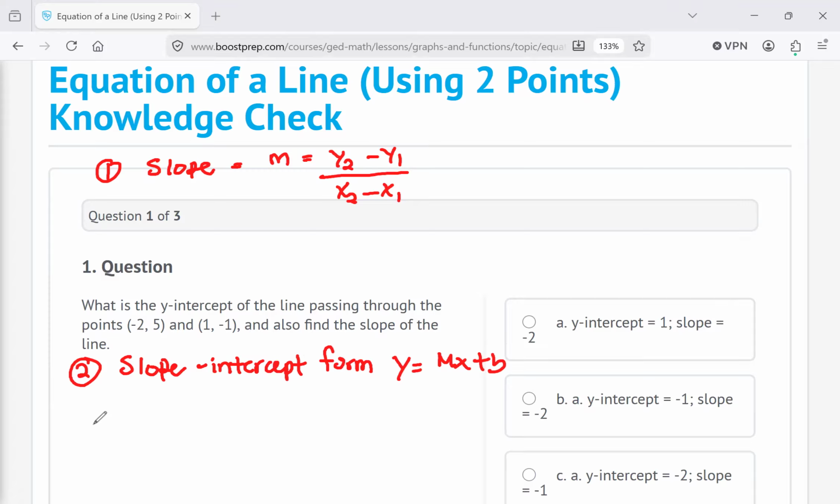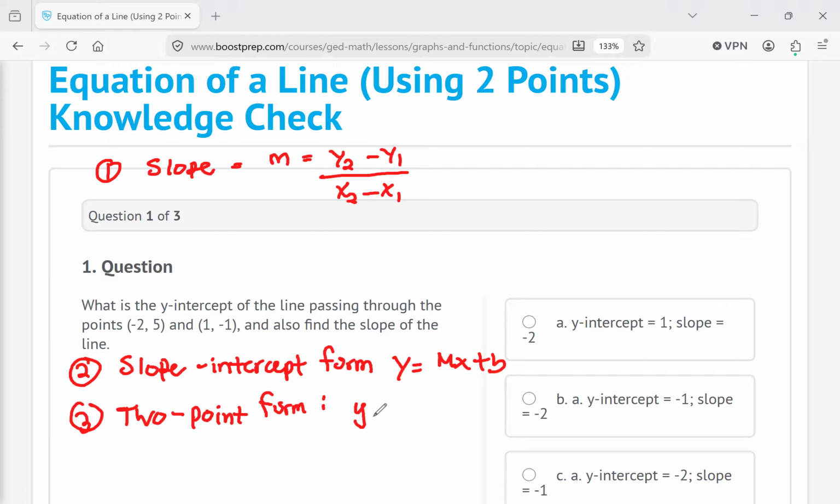And then the third one is the point slope form, or the 2 point form. It's basically the same thing. So here I'll show you.